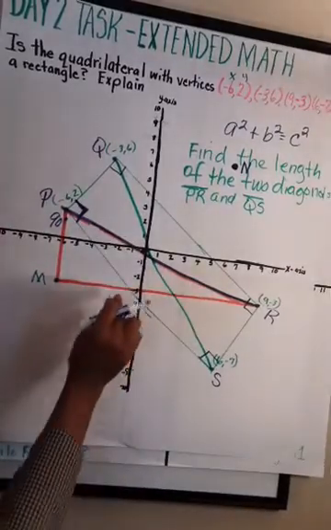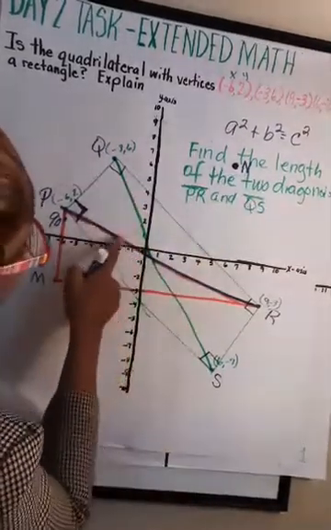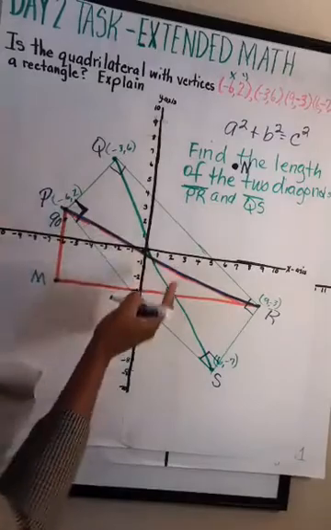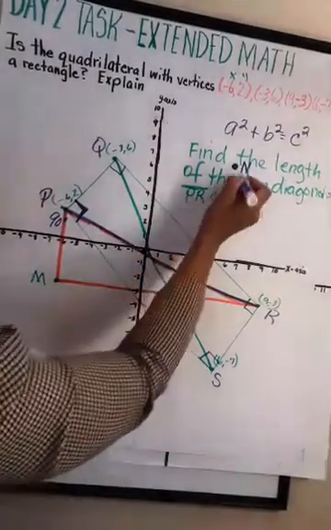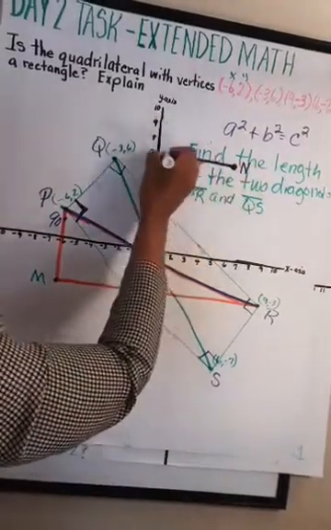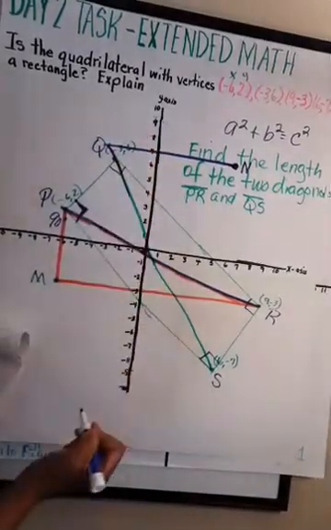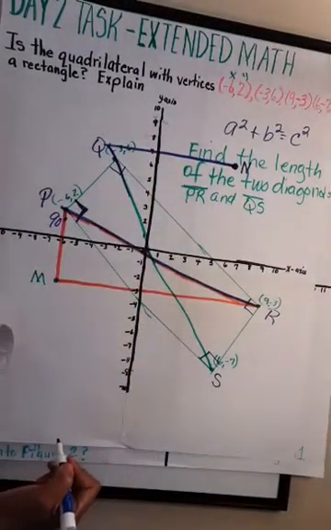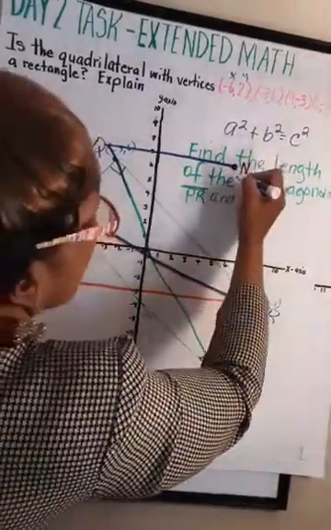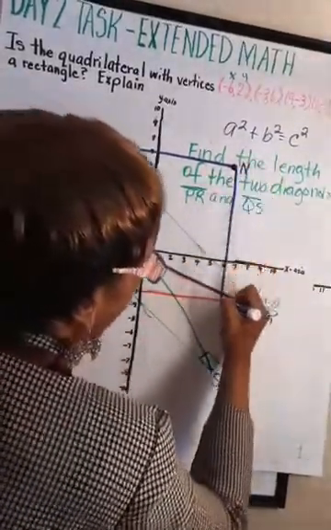And the other one they connected with, the diagonal, is going to be NQ and S.